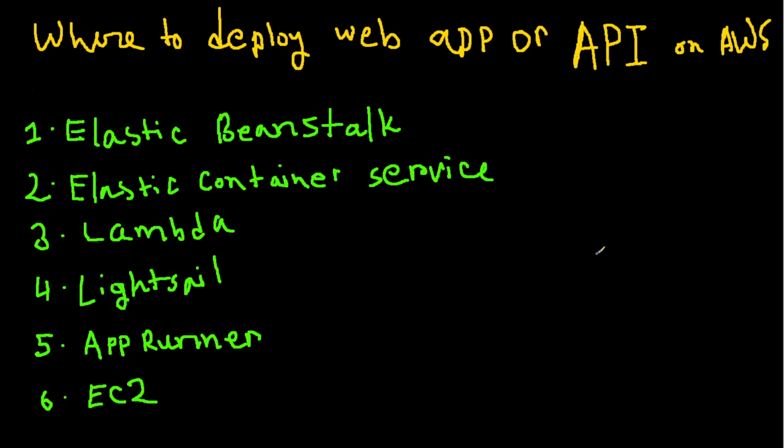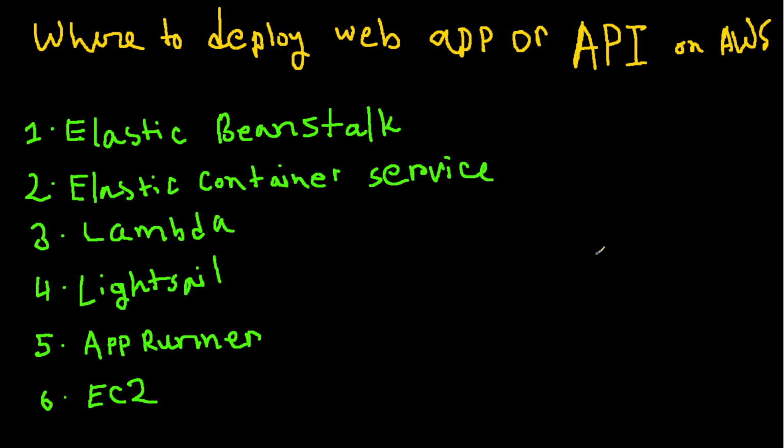So a question I get asked a lot of times is, where do I deploy my web application or API on AWS? Now, the reason I get asked this question is because on AWS, you have so many services for doing almost the same thing that people who are new to cloud services, or just cloud in general, feel intimidated by.